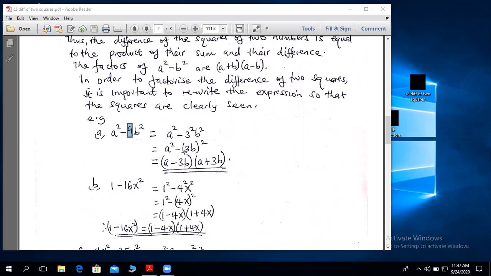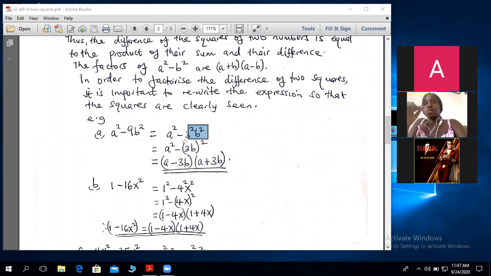I can put 3b, then I put the squared outside, because 3b times 3b, you are still going to get this one here. So I can put 3 in bracket and b in bracket, the way I have it.